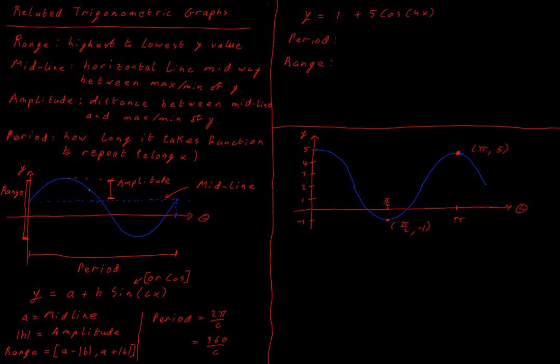So that's our amplitude and our period, and we know that without any modification, the period of sine and cosine functions is 2 pi, or 360 degrees, and the period of a tan function is pi, or 180 degrees.